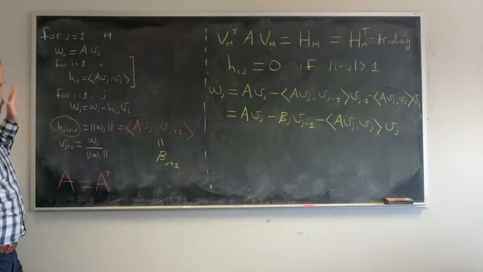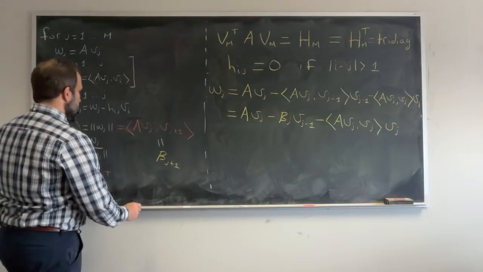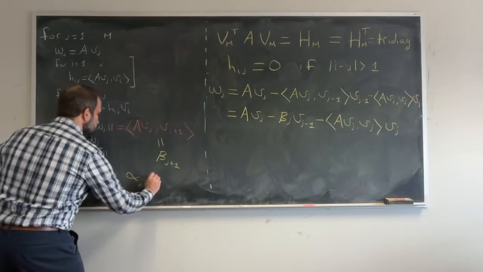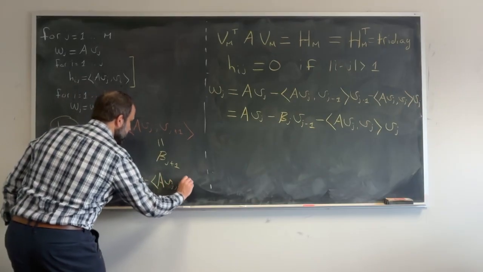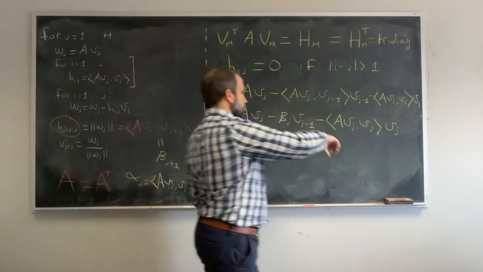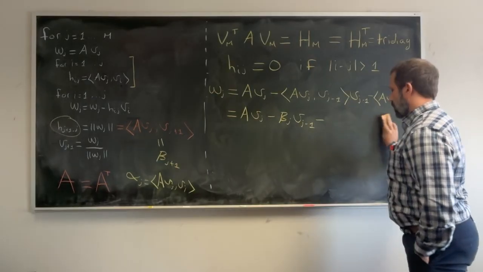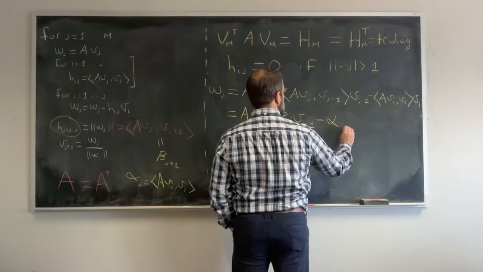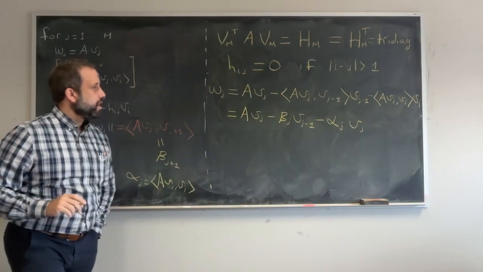But we're going to introduce a new, similar notation: alpha j is going to be equal to h_{j,j}, so this right here we can write as alpha j.